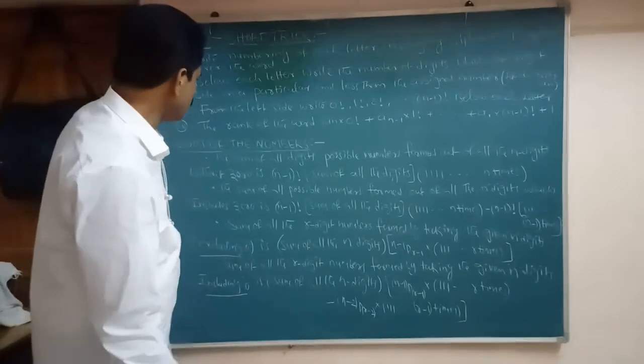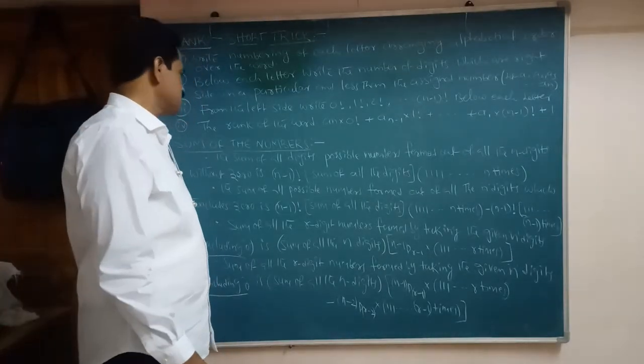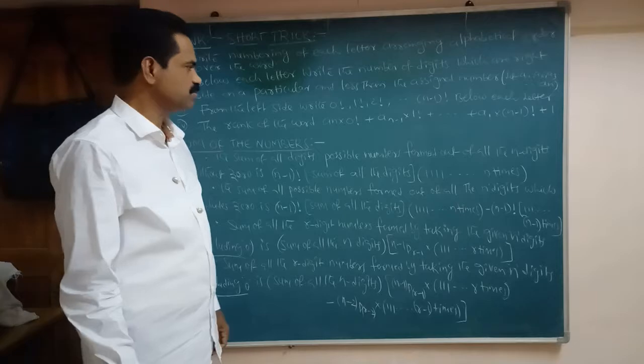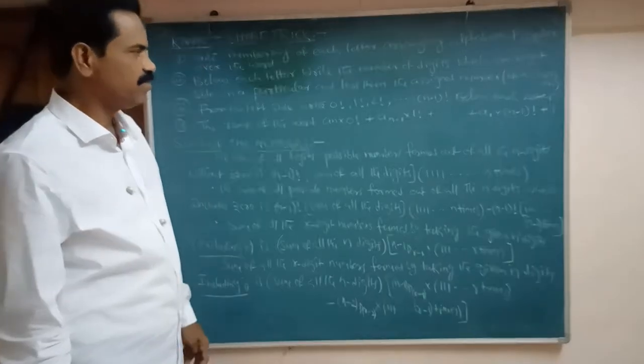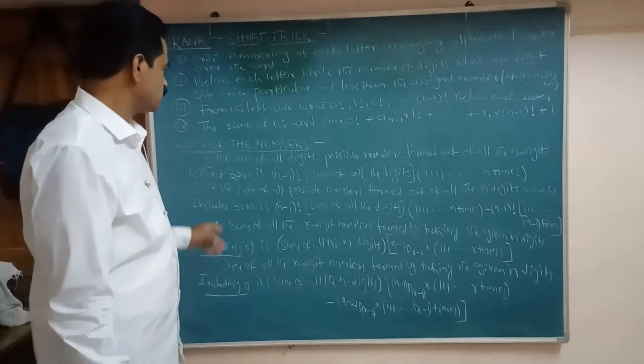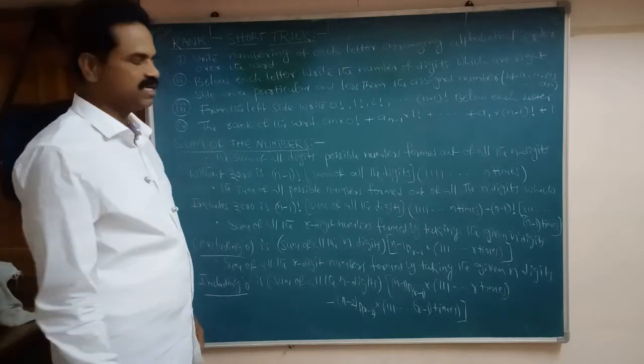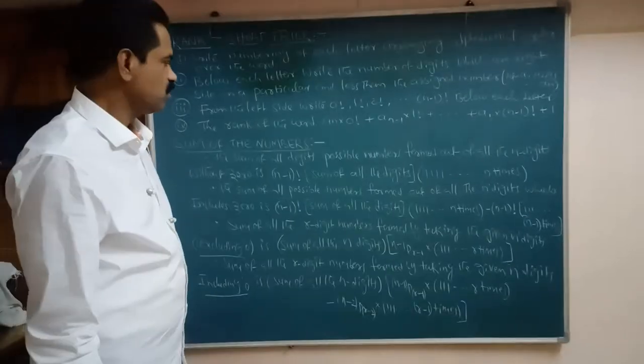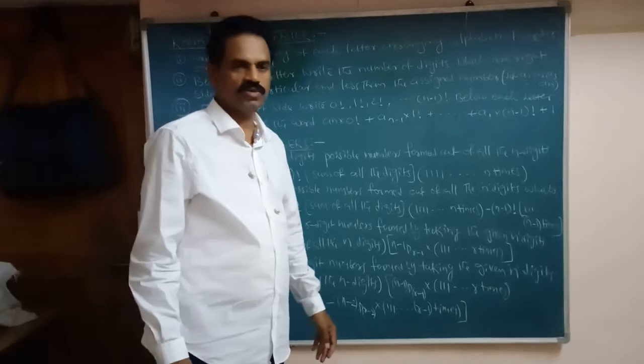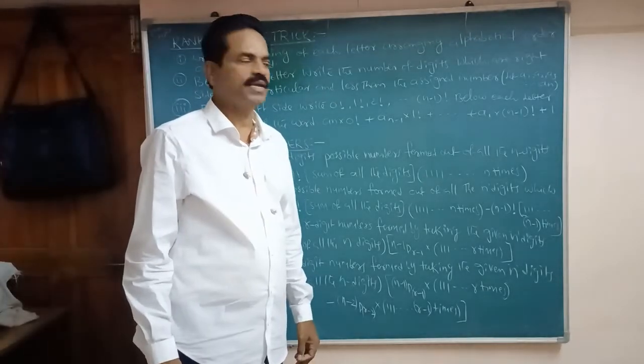The sum of all possible numbers formed out of all the n digits without 0: first, without 0, it is n minus 1 factorial into the sum of all the digits into 1, 1, 1, and so on n times.